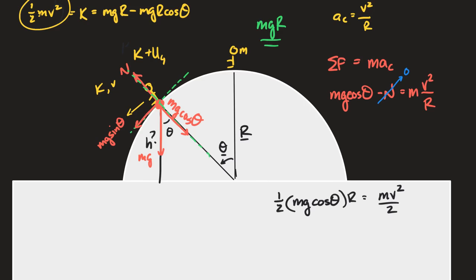I mean, this is kinetic energy now. I could eliminate the velocity and figure out theta. This theta would be where they leave the ice.